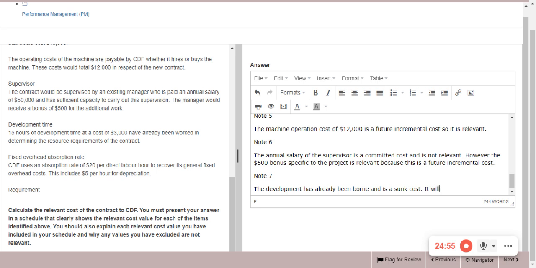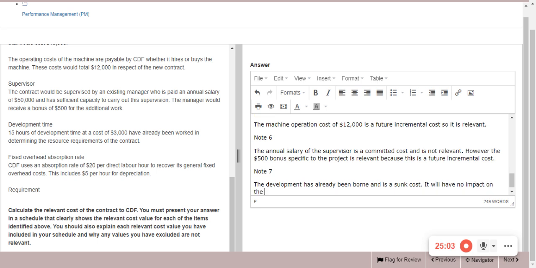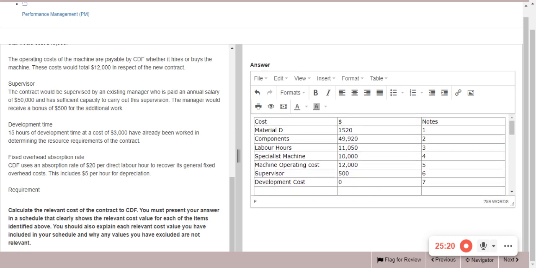It will have no impact on the project cost. So it is not relevant. So there we go. That's note 7.